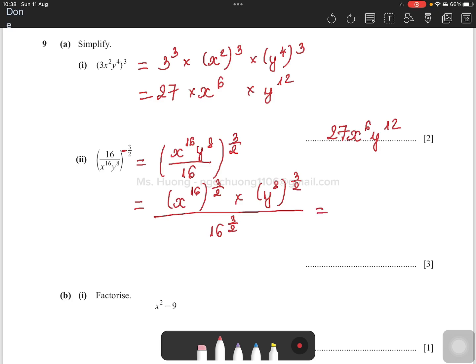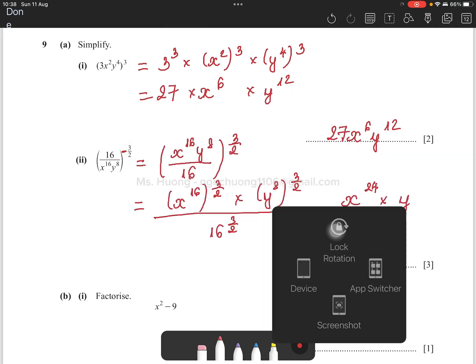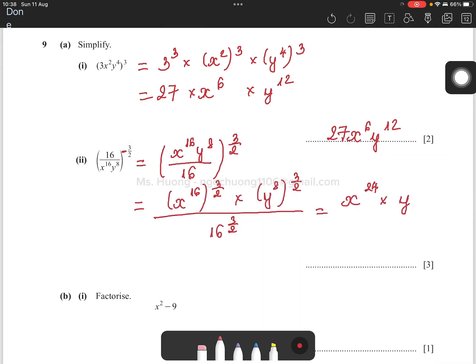For the first term, 16 multiplied by 3 over 2 means 3 times 8 equals 24. For the second expression, 8 times 3 over 2 means 4 times 3 equals 12.